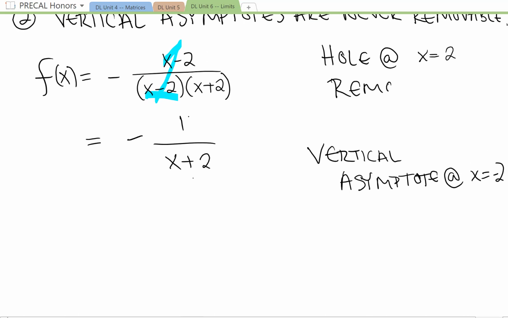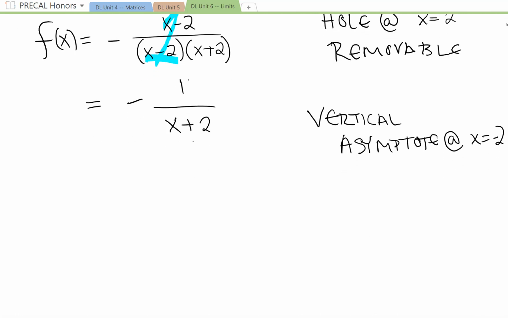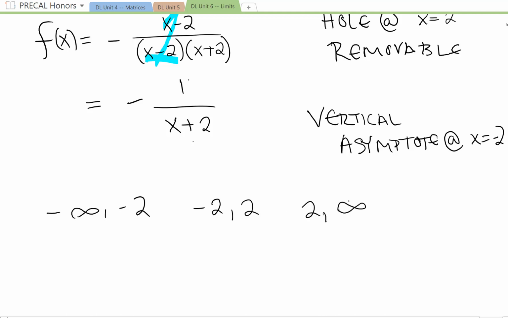This one is removable, and vertical asymptotes are never removable. The intervals for continuity start going from negative infinity up to negative 2, then from negative 2 to 2, and then from 2 to infinity.